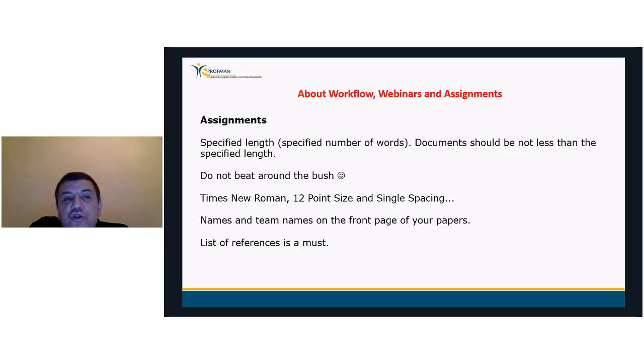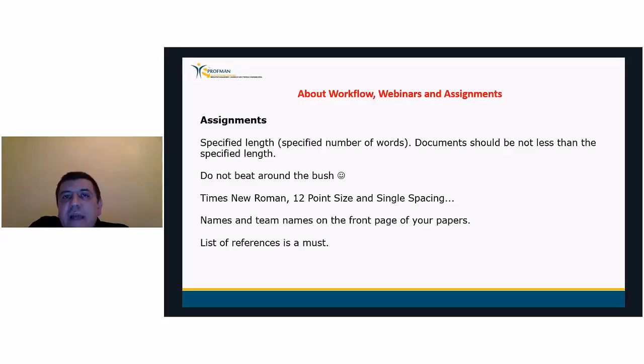So don't extend too much, and please obey the rules of the number of words assigned to each assignment. Each paper should be written in Times New Roman, 12 points, with single spacing.